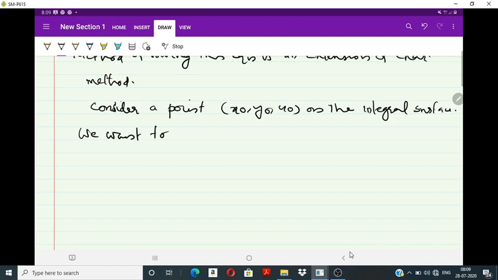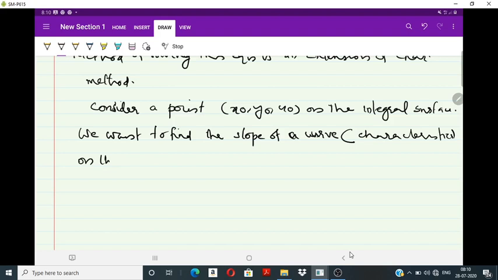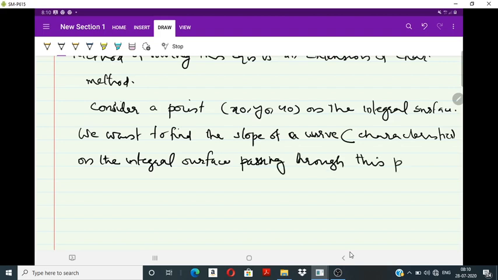Actually we want to find the slope of a curve, that is the characteristic, on the integral surface passing through this point.